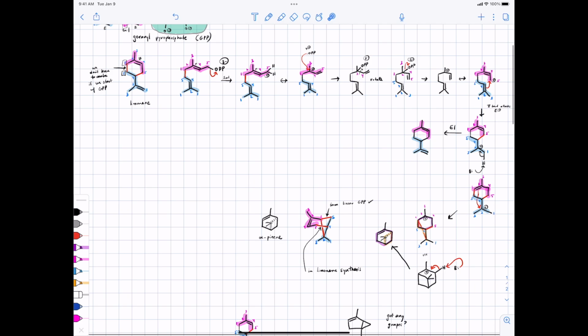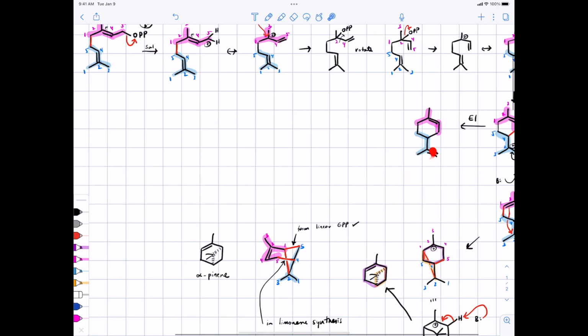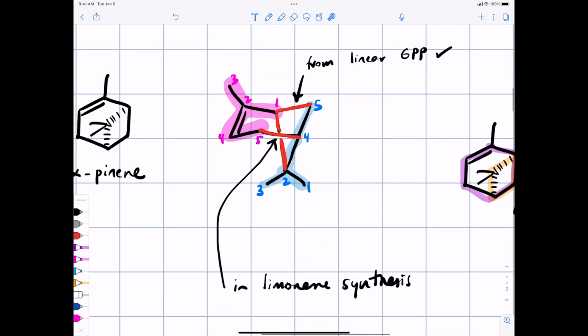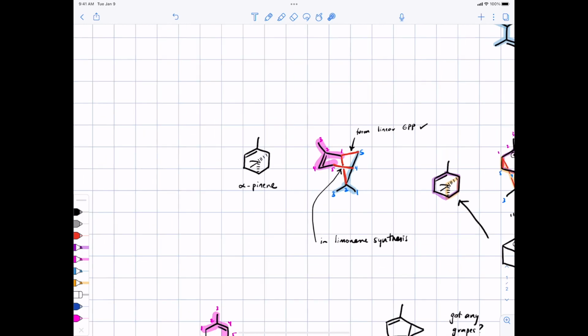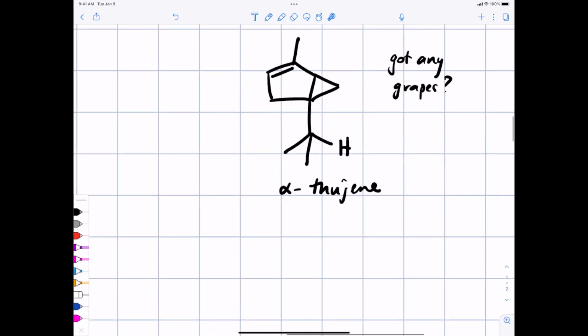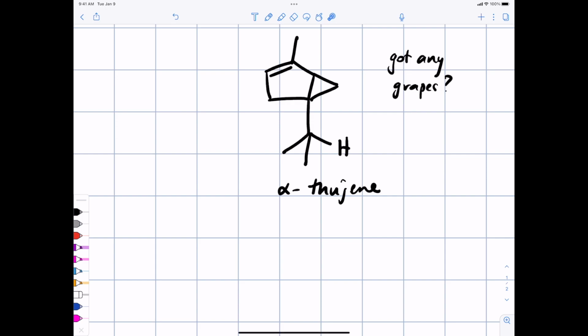In limonene, here is the carbon that has the 2 methyl groups. In alpha pinene, here is the carbon that has the 2 methyl groups. For thujene, here is the carbon with the 2 methyl groups. And so 1, 2, 3, 4, 5. 1, 2, 3, 4, 5.